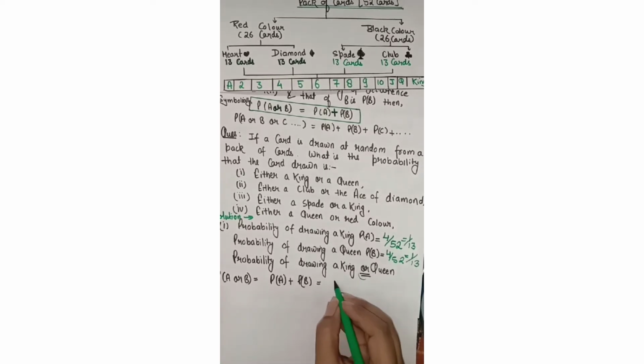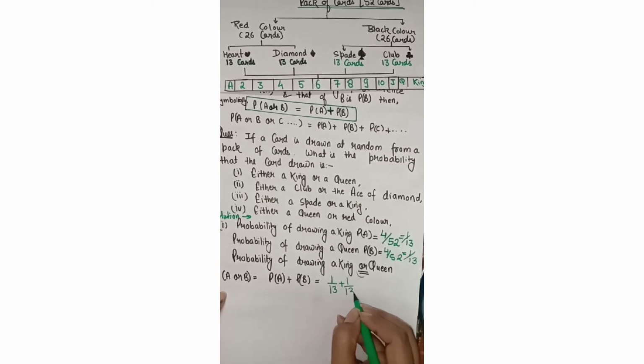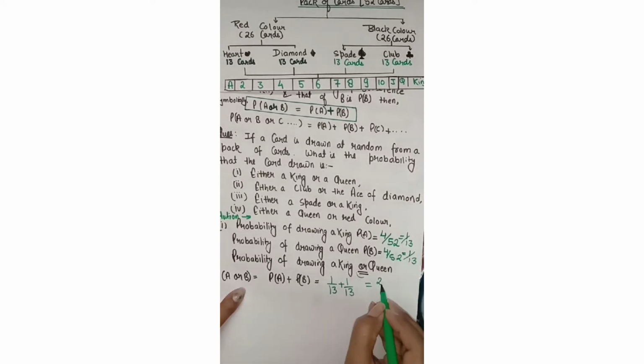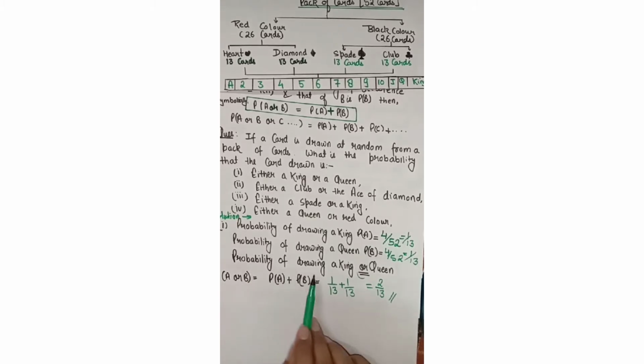Simply you are going to put the values, so the probability of getting a king or queen is 2 by 13.